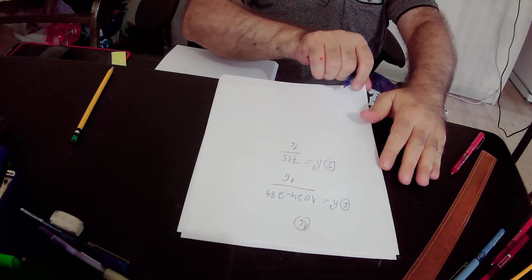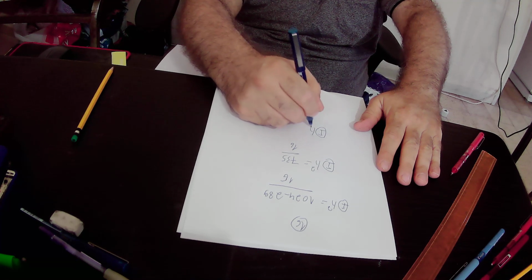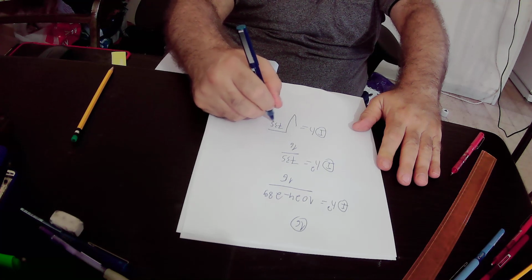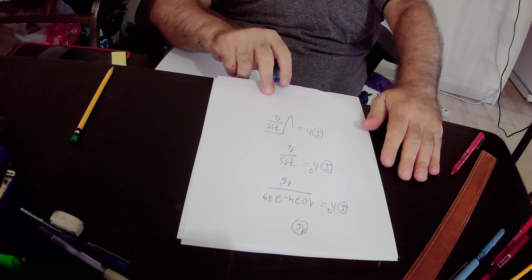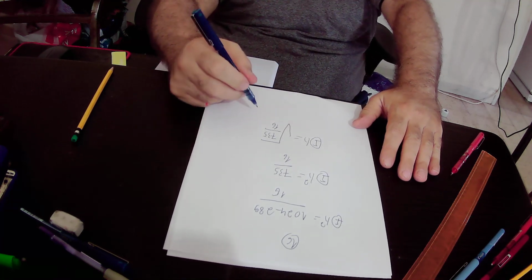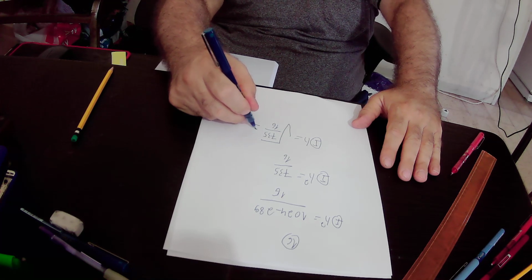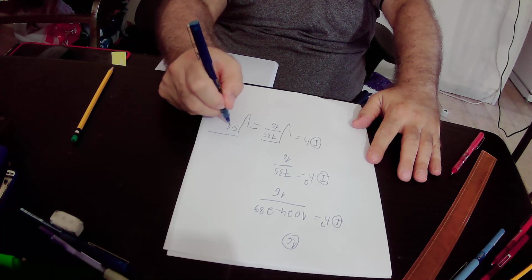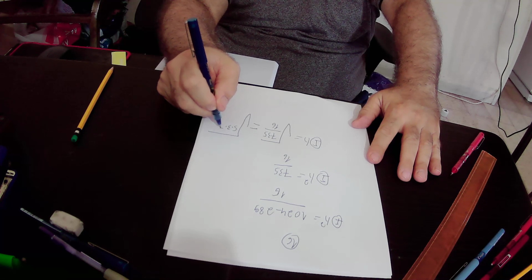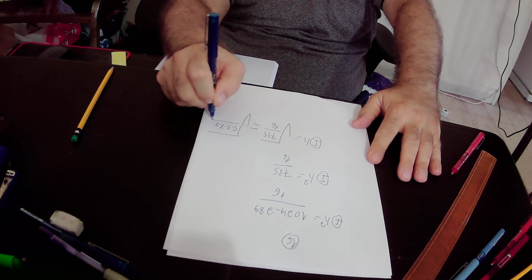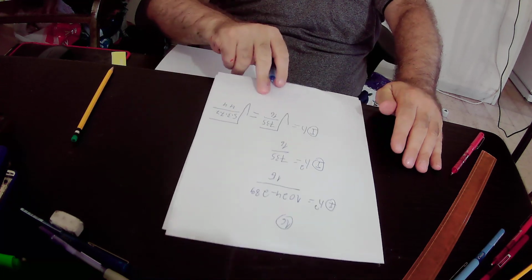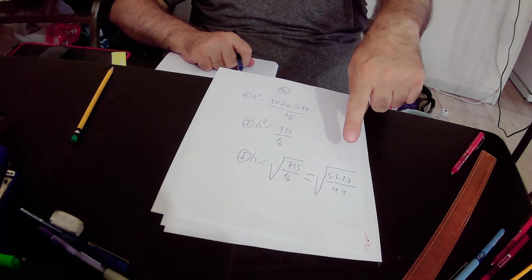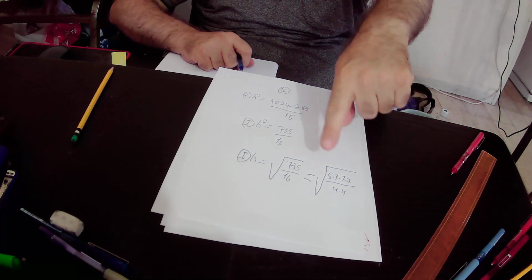Here we will take a root out of this equality and we will get that h, the height of triangle ABC, equals the root of 735 over 16. Okay? And this 735 equals 5 times 3 times 7 times 7, and 16 equals 4 times 4.